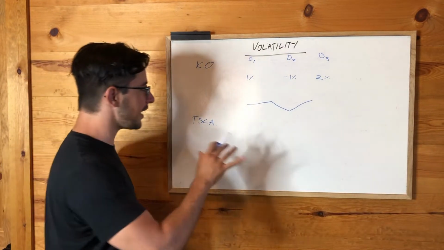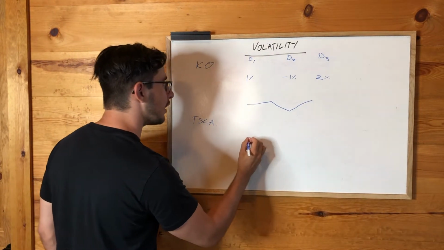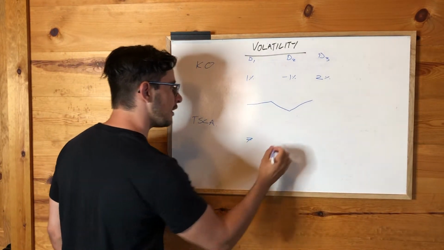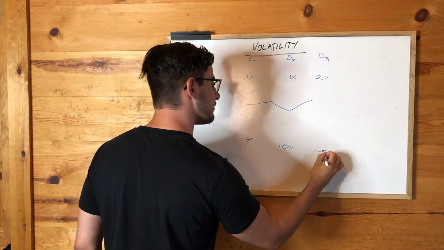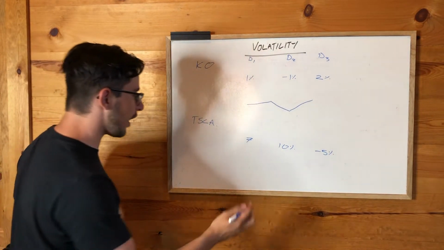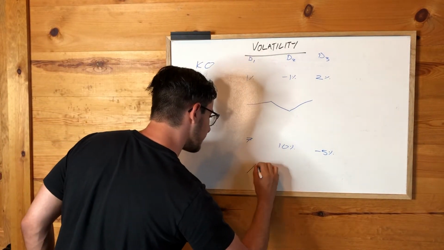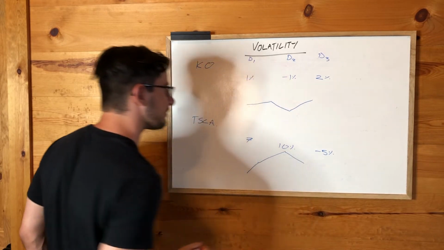So when we look at Tesla on a day-to-day basis, we may see something like this. Up 7%, up 10%, down 5%. Right? We could see something like that very, very easily.